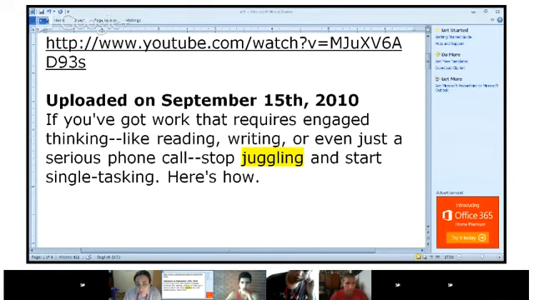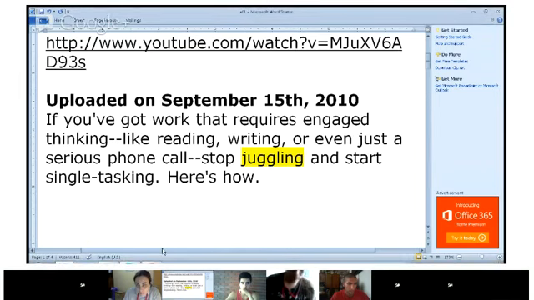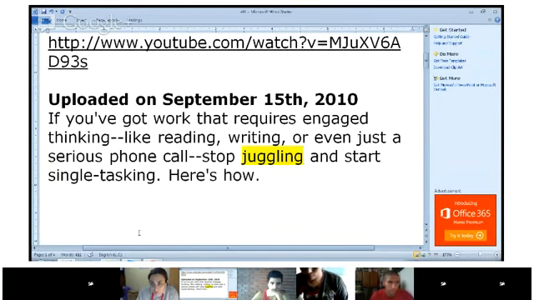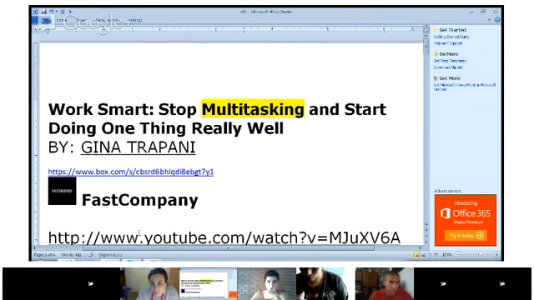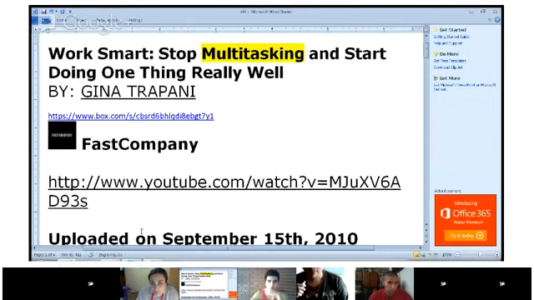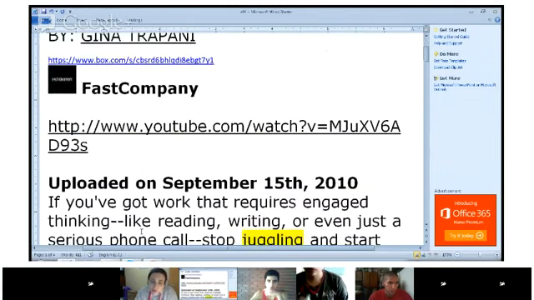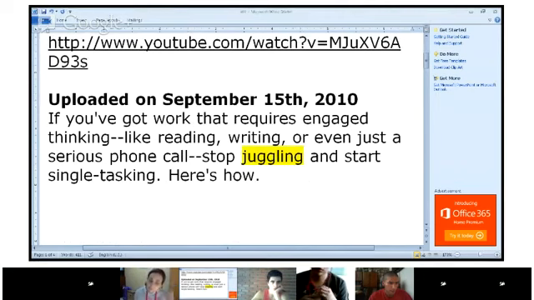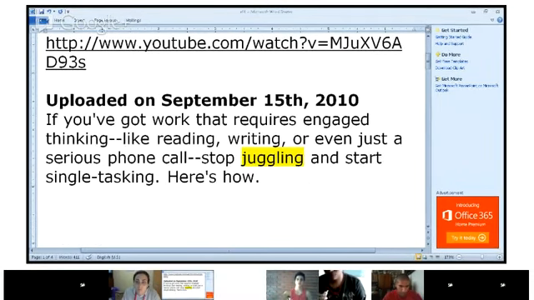Okay, great. So this is the idea. But in this article, are we going to learn how to juggle several things at the same time? Are we going to learn how to multitask? No, it's the opposite. Exactly. So what are we going to learn how to do this hour?